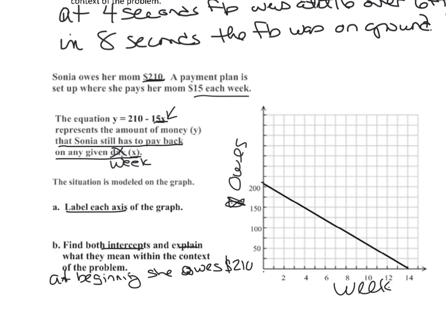And then down here we're at week 14. At week 14, she owes $0 to mom. Okay, so she's paid it off. All right, so week 14, she paid it off. Yay.